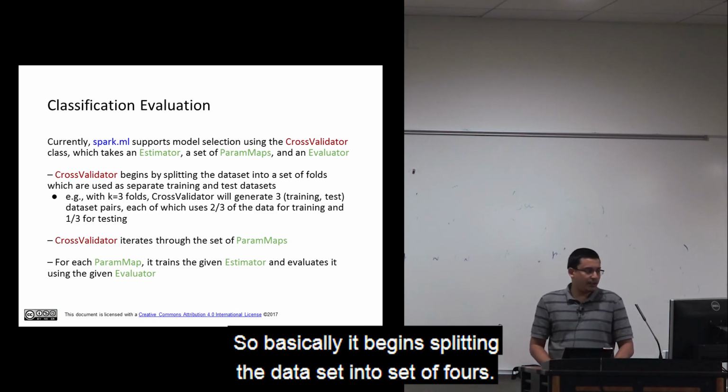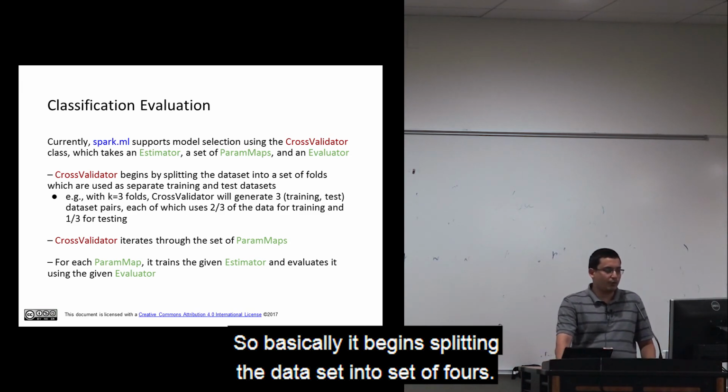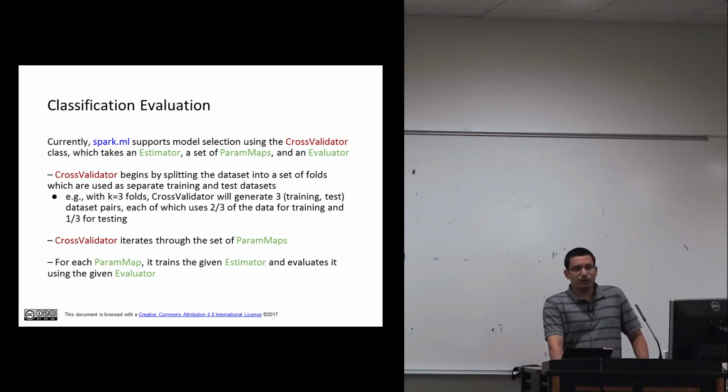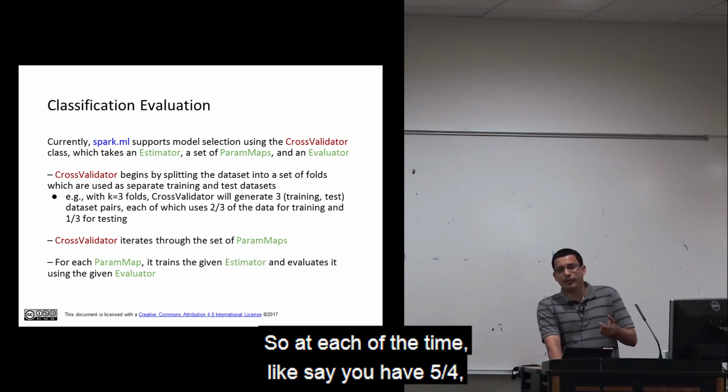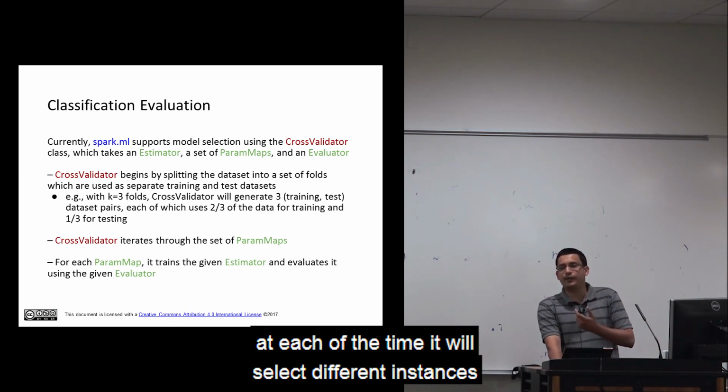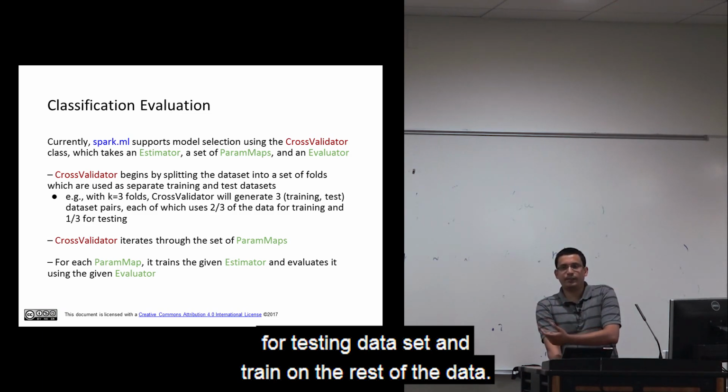Basically, it begins by splitting the dataset into a set of folds. Say you have 5 folds. Each time it will select different instances for the testing dataset and train on the rest of the data.